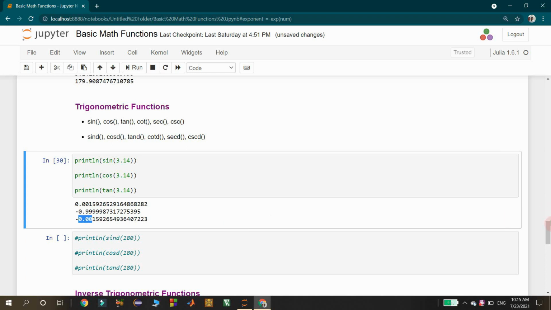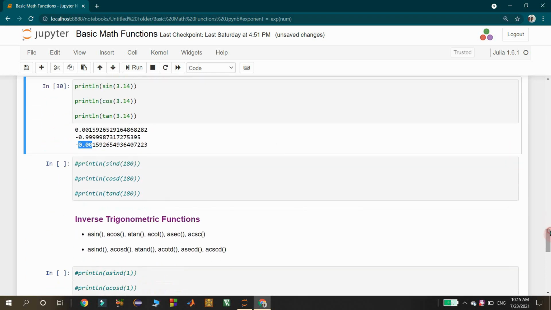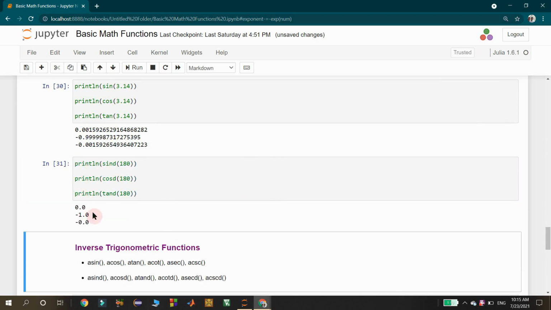And similarly we can give the values in degrees as well with the sin d, cos d and tan d functions. Then we got 0, -1 and 0 as the values for sin d, cos d, tan d functions with 180 as the degrees value respectively.